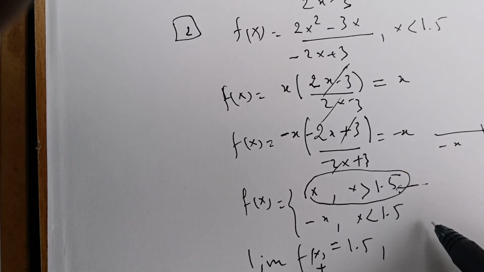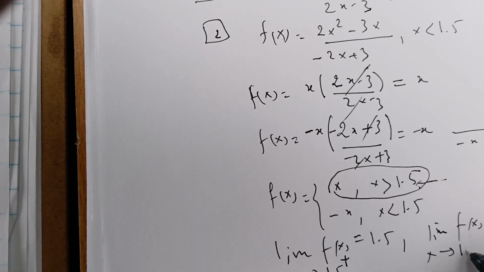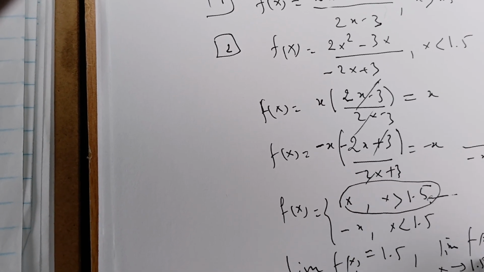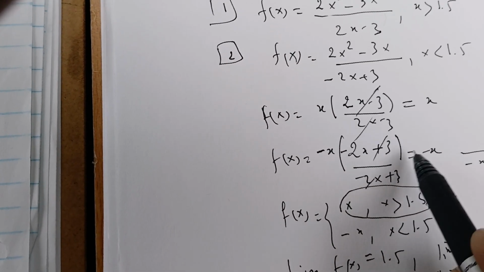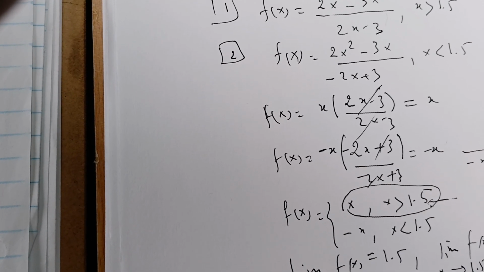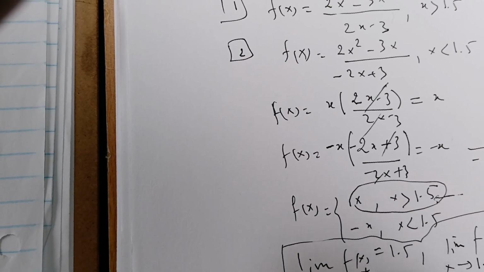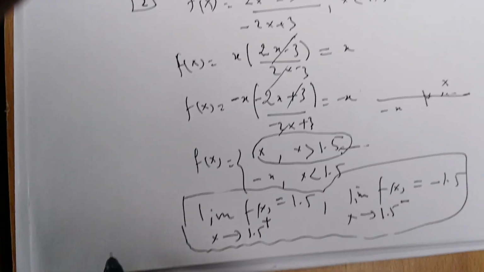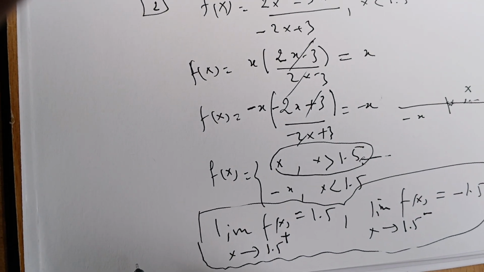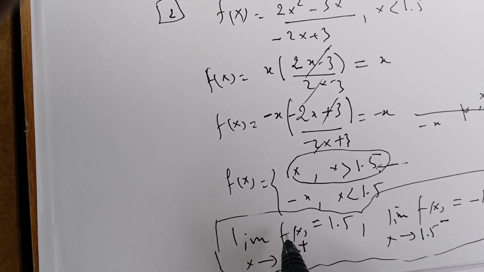The limit of f of x as x goes to 1.5 from the left, which is when x is less than 1.5, we have minus x. That means minus 1.5. Okay? So that's what we have. We have two different limits. Therefore, there is no limit at this point.